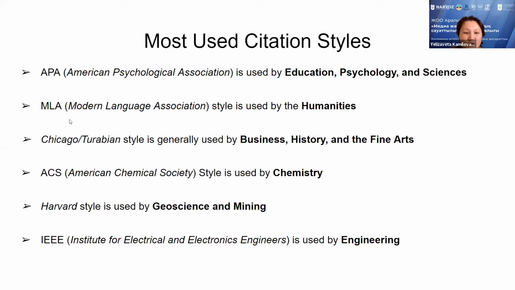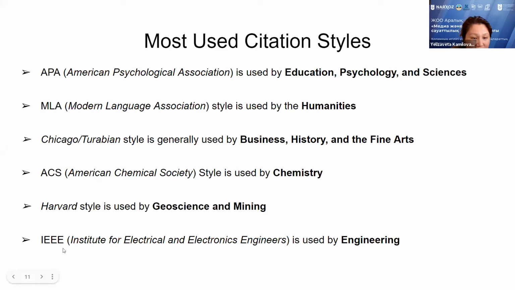The second style, MLA, stands for Modern Language Association, mostly used in the humanities. The next style, Chicago-Turabian style, is generally used in business, history, and fine arts fields. Next is the American Chemical Society style, of course used in chemistry.